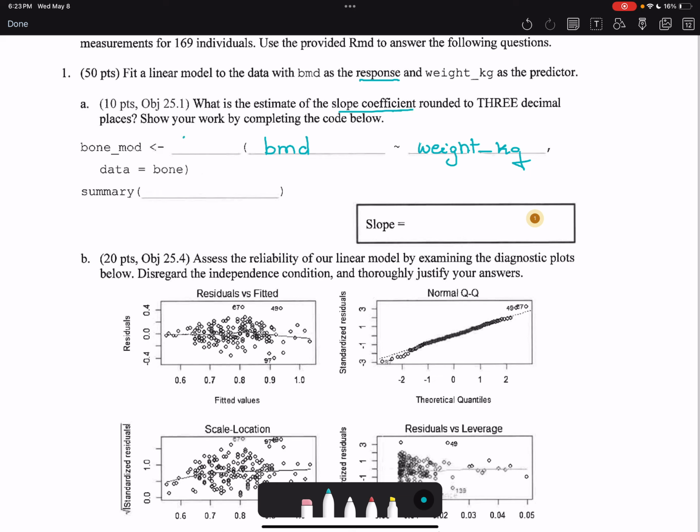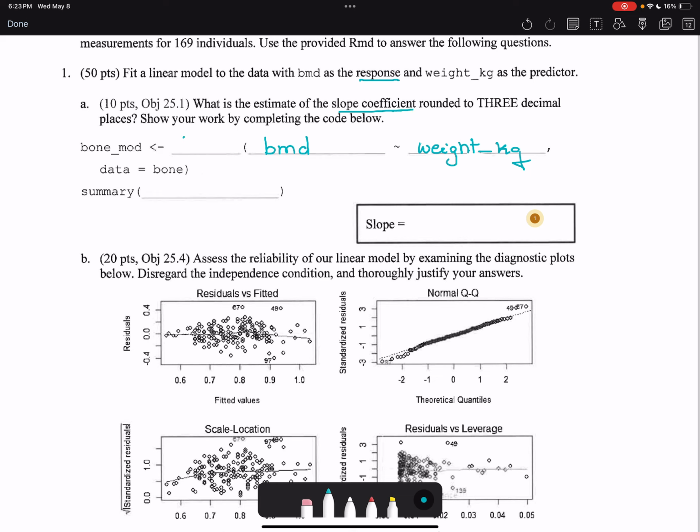And then if you input this into R, you would get an answer for the slope. Now, I don't think I have the files for that, so let me just double check real quick. Okay, I don't have it.